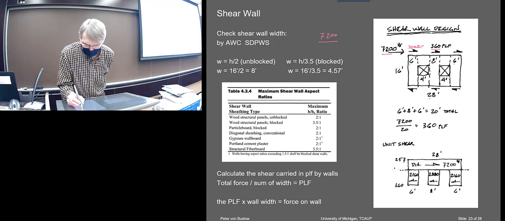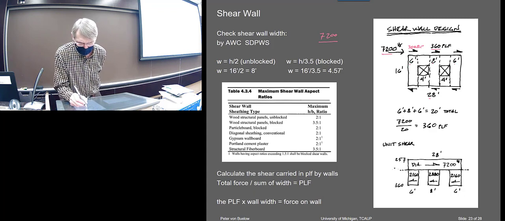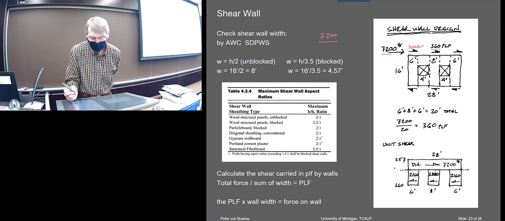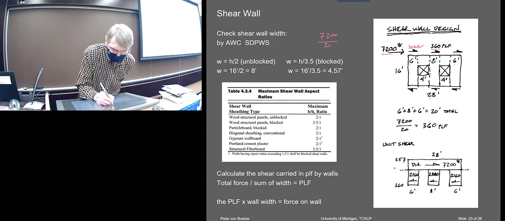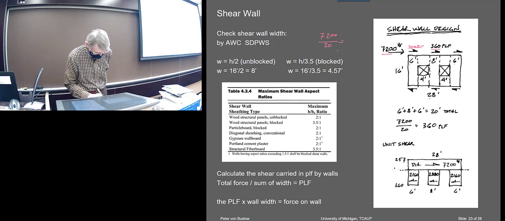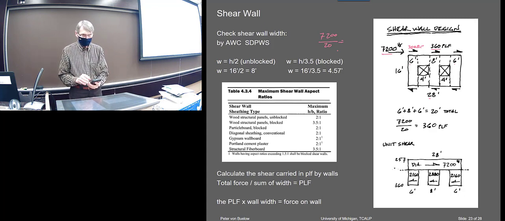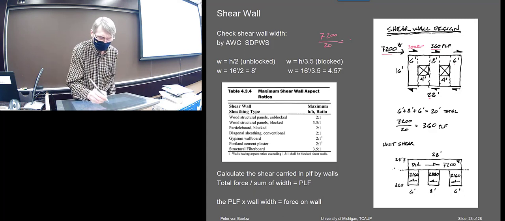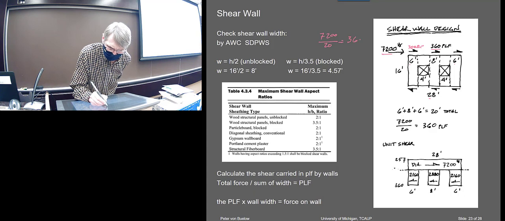So 6 and 6 and 8 would be 20, right? 12 and 8 is 20. So what do I get? That should be the 360. 72 divided by 20 equals 360. Okay, so that's where the 360 is coming from.